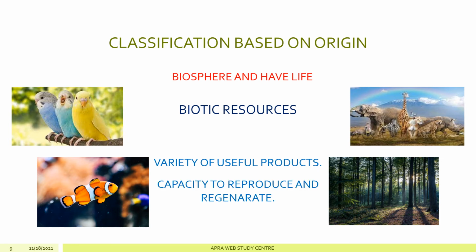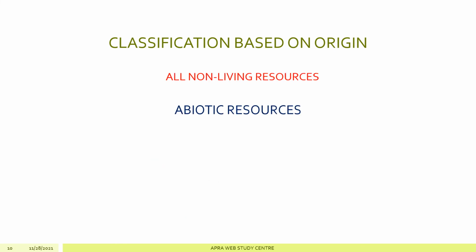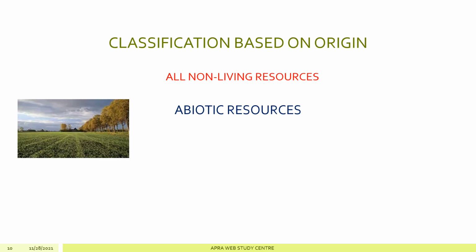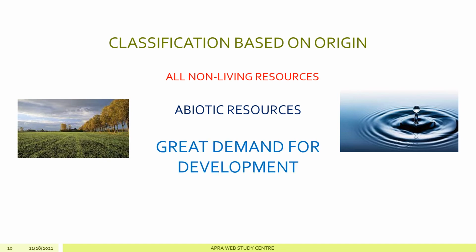They have the capacity to reproduce and regenerate. All biotic resources are renewable. All non-living resources are known as abiotic resources. For example, land, water. Now, abiotic resources are in great demand for development.